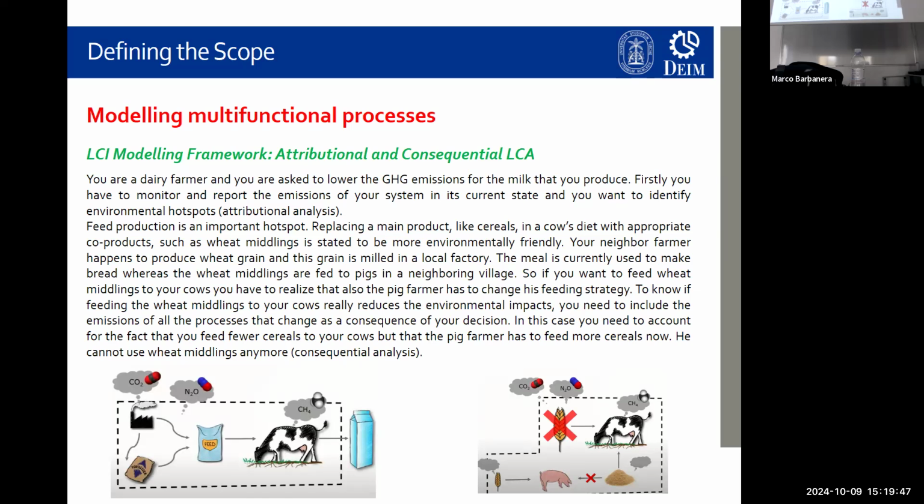It's a very complex approach, okay, it's not very easy to apply or to understand, and for this reason, the ISO standard defines the guidelines only for attributional LCA studies, not for consequential, because it could be impossible to define exactly the guidelines for this kind of study.